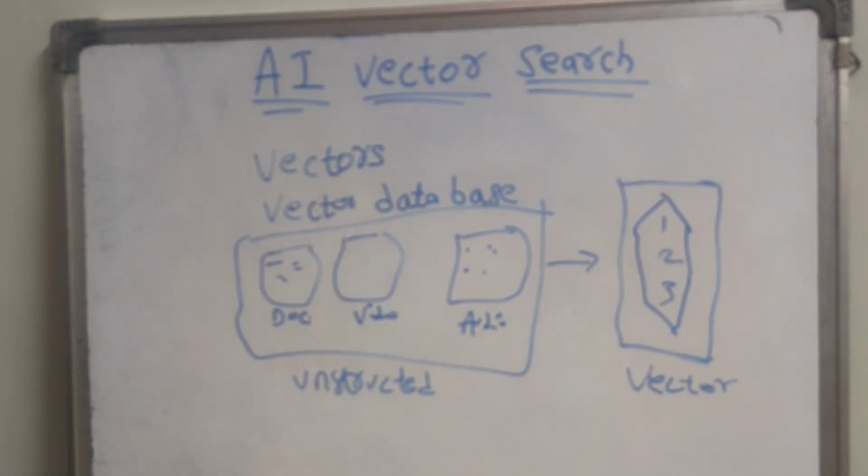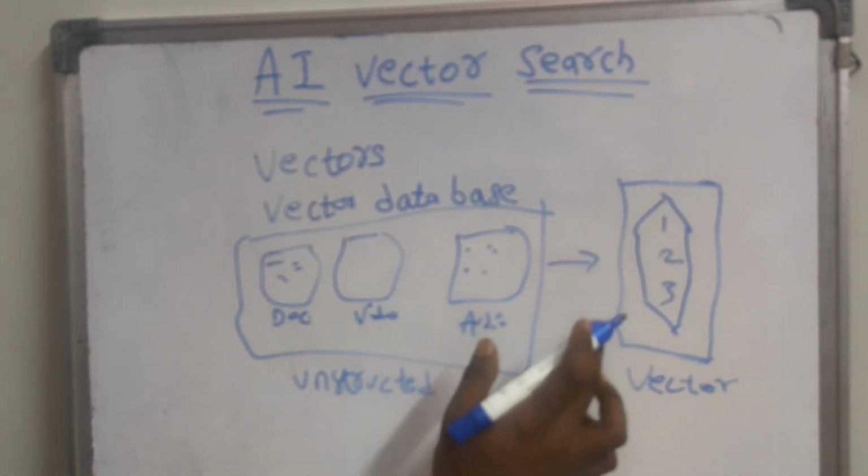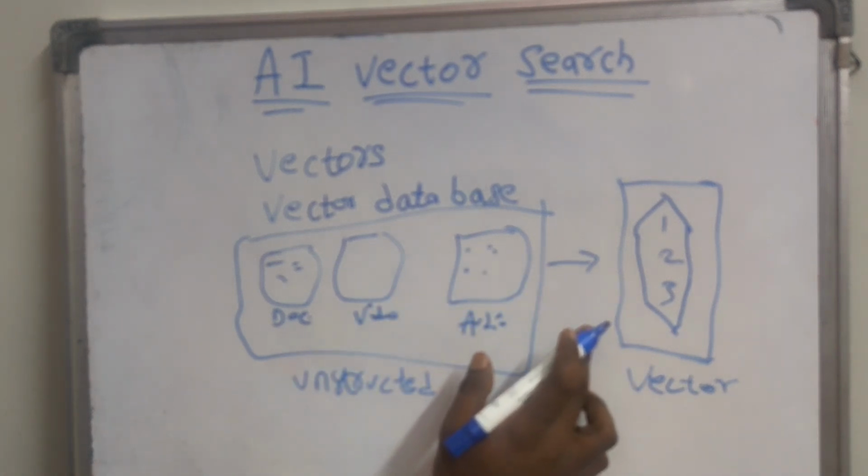Now let's see how we can convert this unstructured data into the vector representation. There are a lot of vector embedding models. These vector embeddings are nothing but models, machine learning algorithm models, which convert this unstructured data into the numerical format, that is the vector representation.